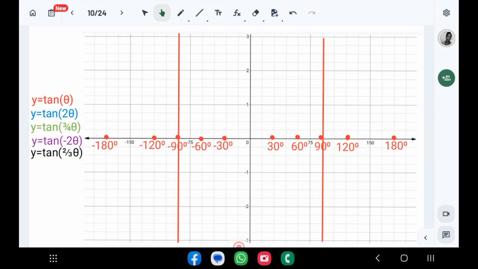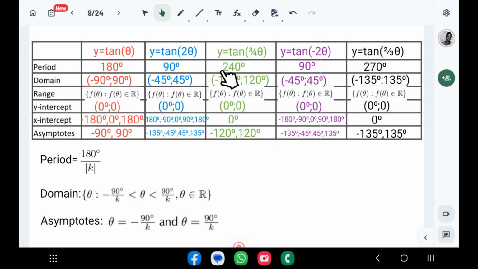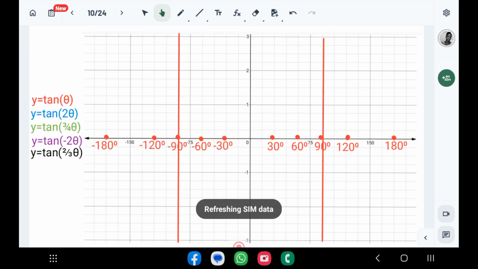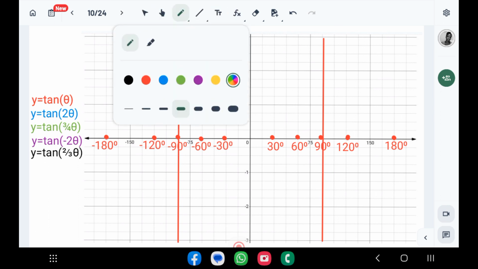Now, step number two, we look at where our x-intercepts and our y-intercept are. Where is our y-intercept? Our y-intercept is at the origin in all of these. So the y-intercept, and the x-intercept for that matter, the middle one is at 0 degrees for all of them. So now let's go. So that is the first x-intercept right in the middle.